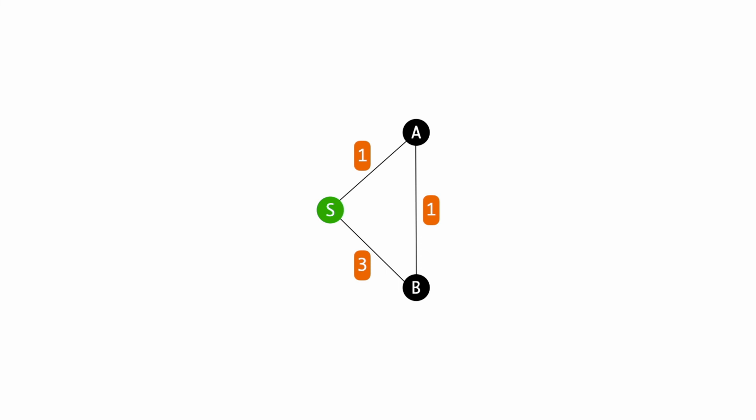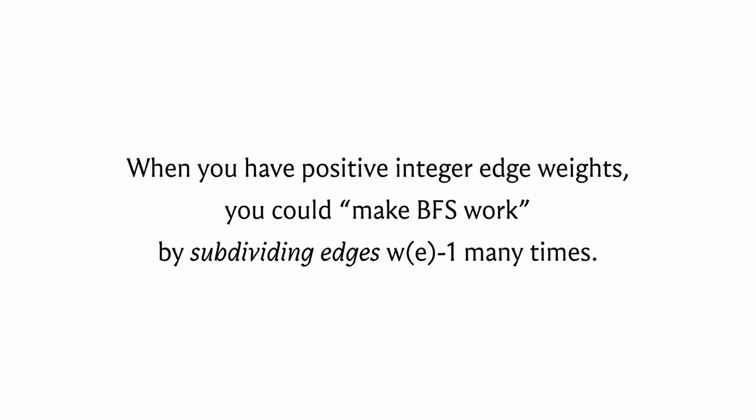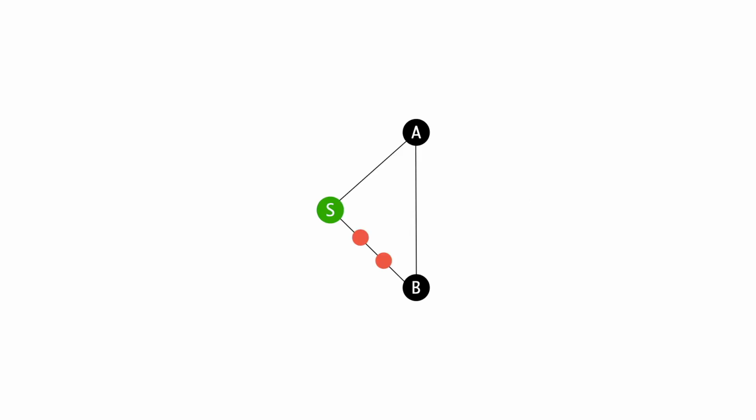So you could try to fix this in some sense by making BFS see the weights by potentially messing around with the graph a little bit. One thing that you could do, which is actually a pretty common trick, is to puncture the edges that have weights on them as many times as the weight, roughly.